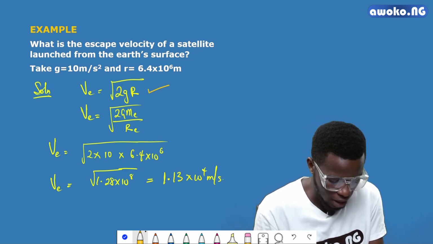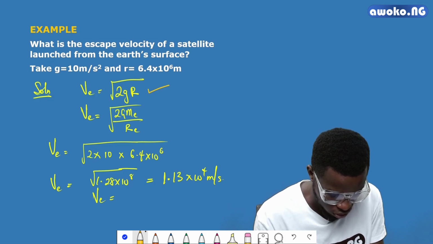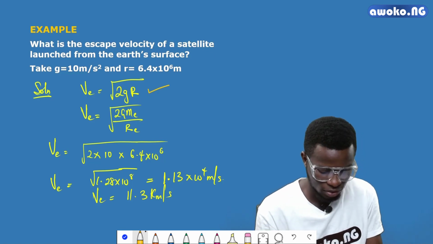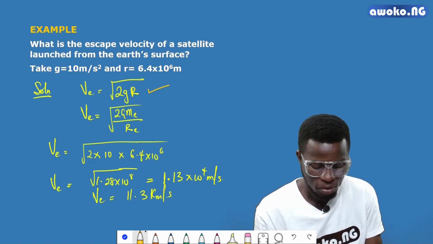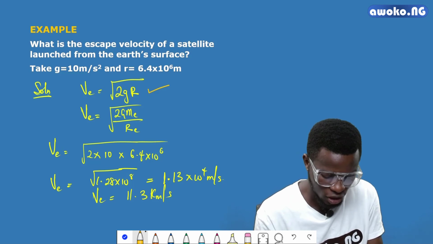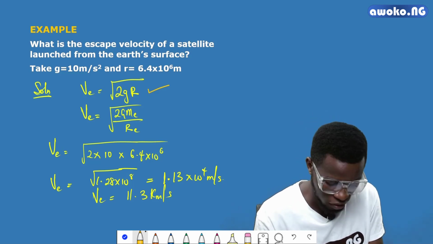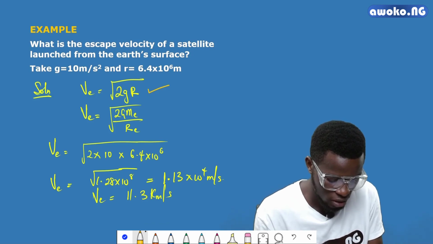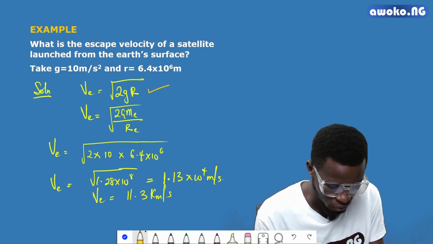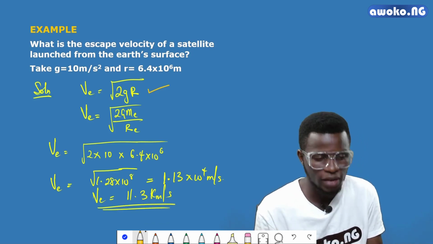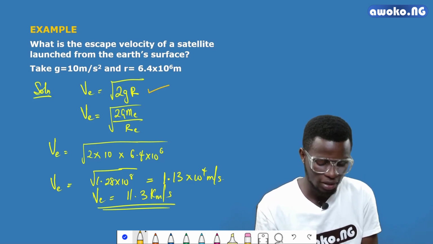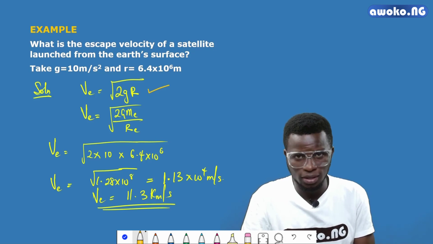We can also write it as VE is equal to 11.3 kilometers per second, km per second, because kilo is times 10 to the power 3. So just realize that we have VE to be equal to 11.3 km per second, and this is our final answer.